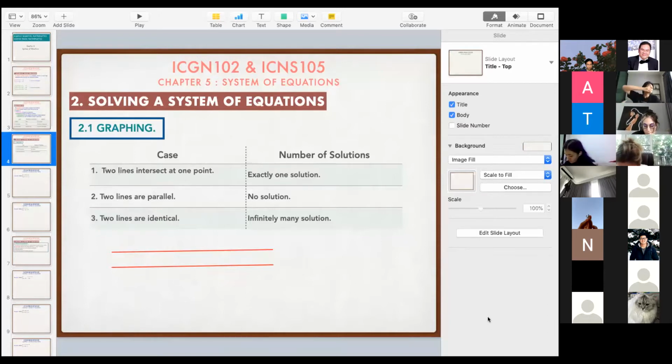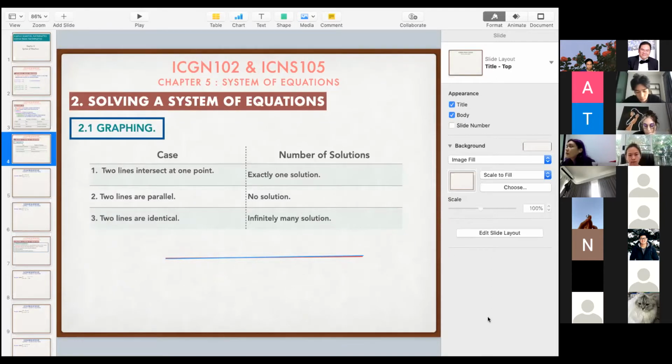But if you have two lines that are identical, or the word that I used before, coincide, like this, here you can see that the blue line and red line are identical.